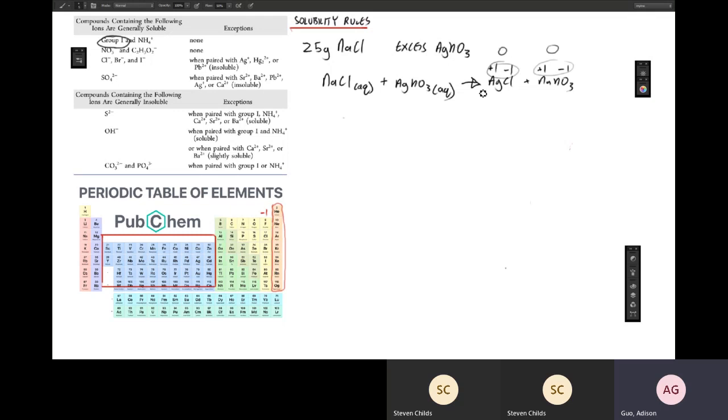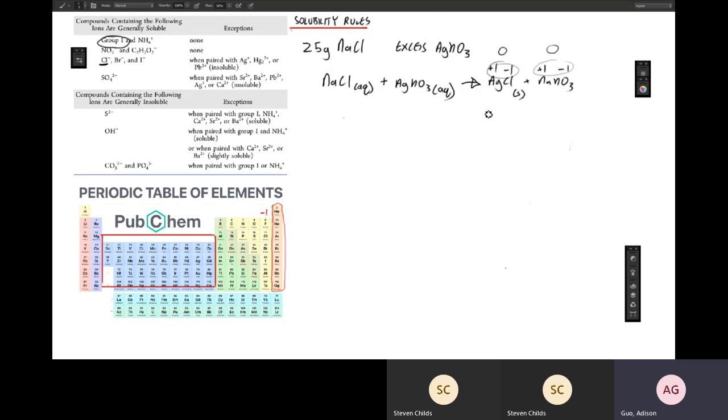Now let's check whether they're solids, liquids, or aqueous. If we look over here at AgCl, look at chlorine. This tells us that chlorine is soluble, except when it is paired with silver, mercury, or lead. Now we're pairing chlorine with silver, which means that this is part of the exception.